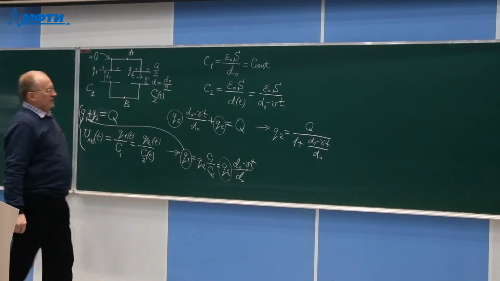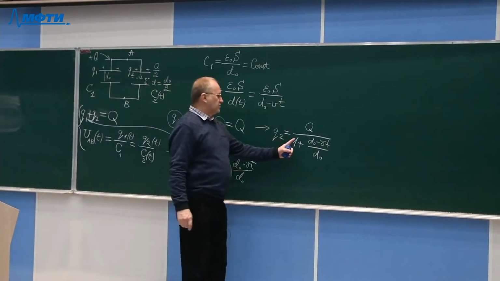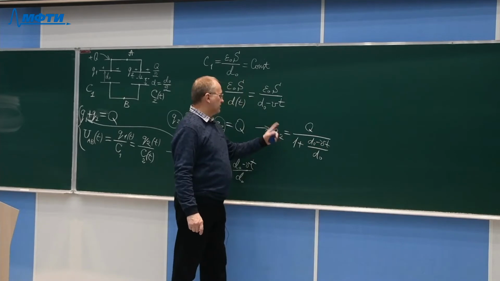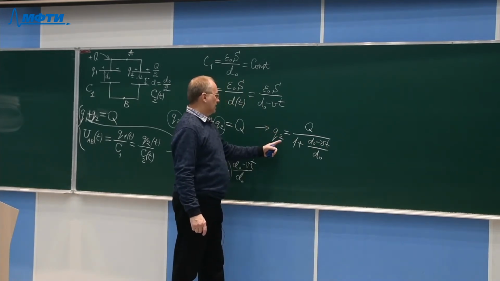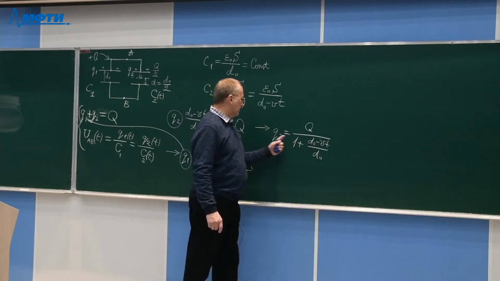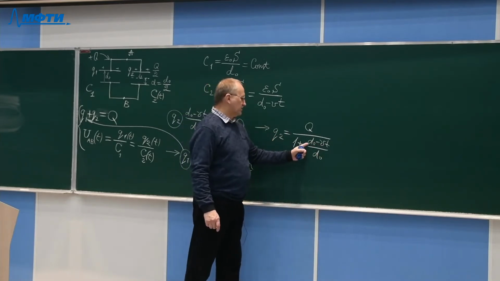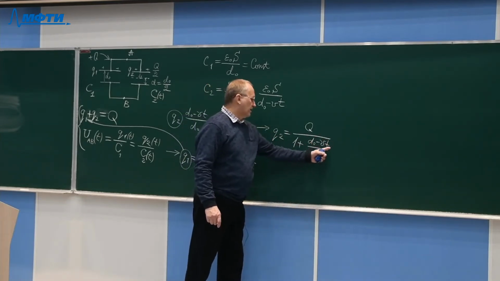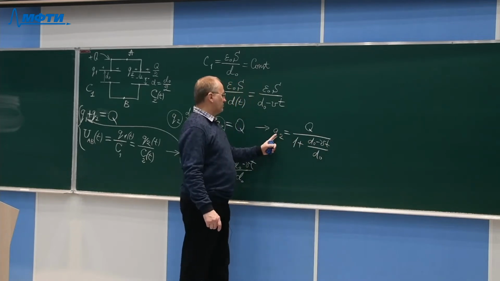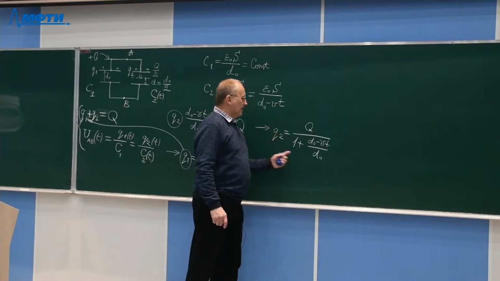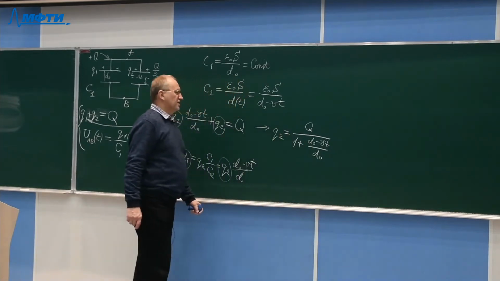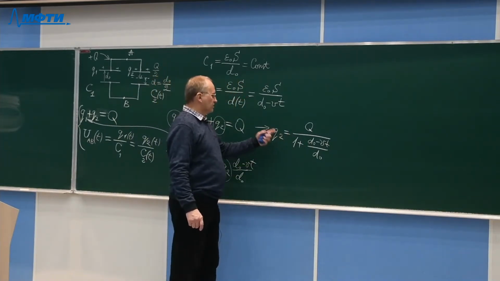Well, if we are interested in detailed behavior of this charge Q2 on the second capacitor, then we have all the possibility, because we know the time dependence of this quantity. But actually we don't need this detailed notion about how this quantity changes in time.